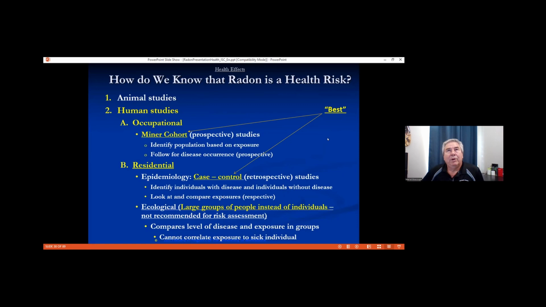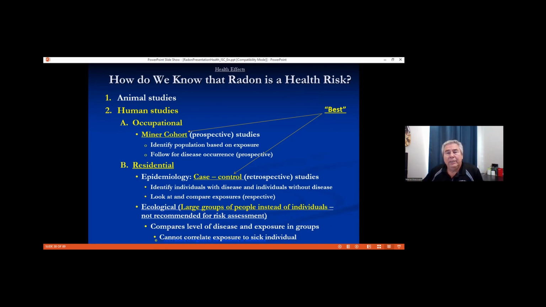Now you're going to ask me, well, how did they notice? How can they tell what this health risk is? So there are many different types of studies that have been undertaken, like I said, by a lot of different countries. And the best types of studies to determine health risk are either cohort studies or case control studies.